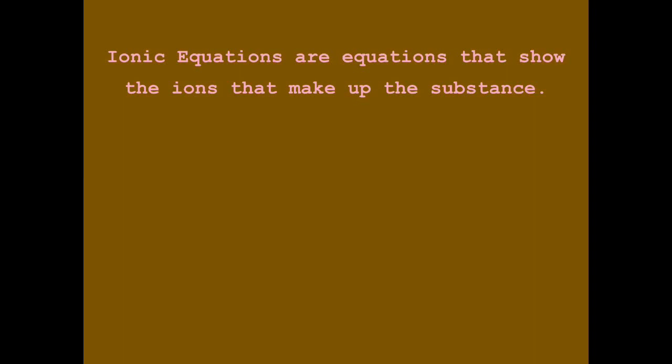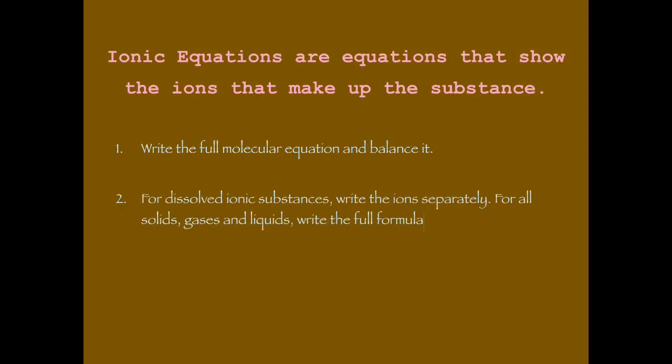By knowing the solubility of the compounds, ionic equations can be written. Ionic equations are equations that show the ions that make up the substance, or the ions that are actually involved in the reaction. To write the ionic equation, start with writing a balanced equation with state symbols. For any compound with an aqueous state, it can be divided into its ions.